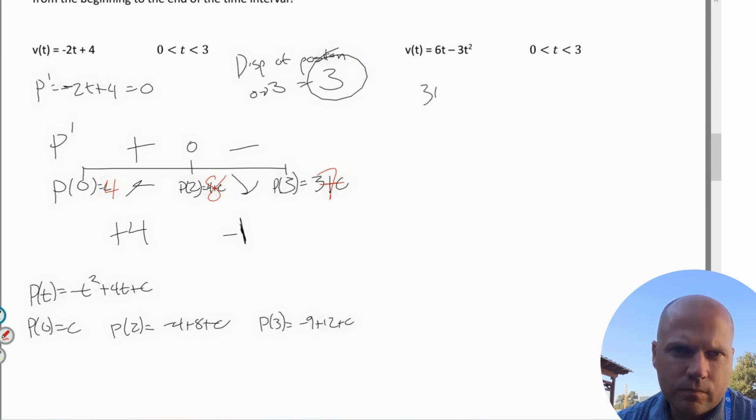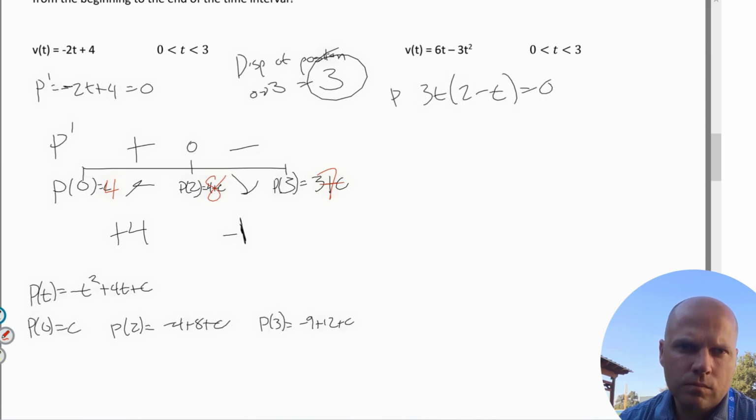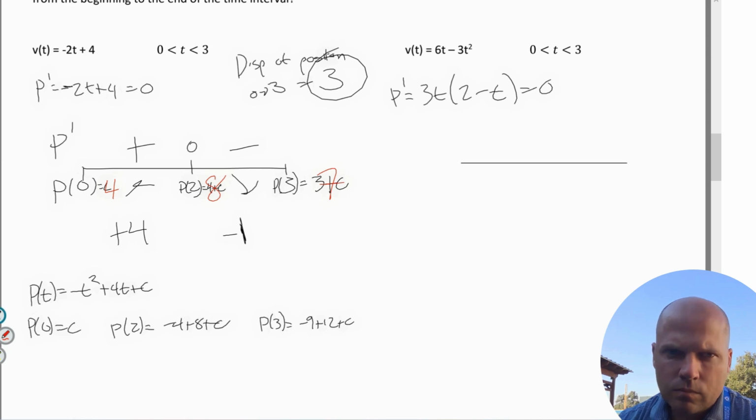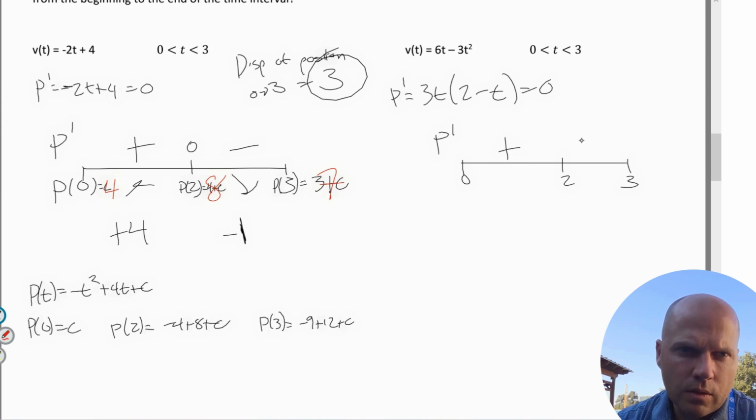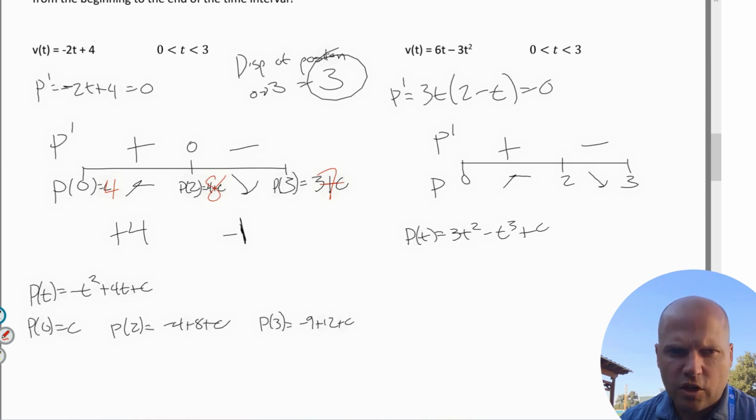Same thing. Here's my derivative. Do the full thing. Understand the signs. Here's my position function, which I take the antiderivative to find.